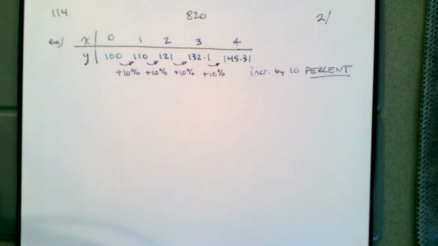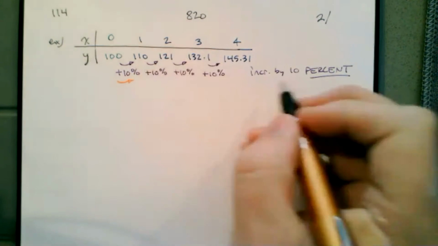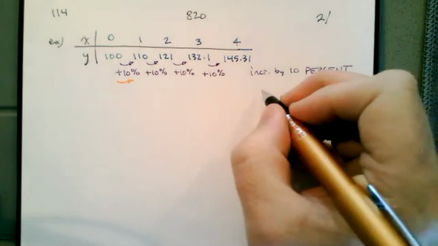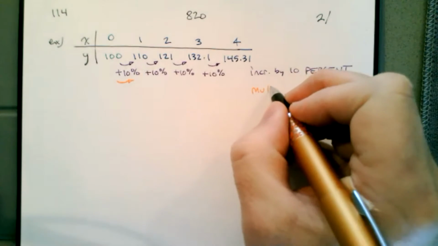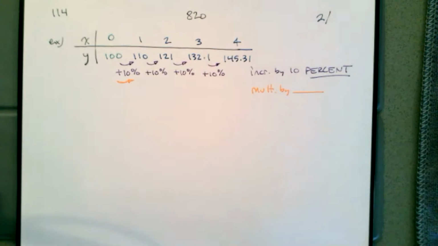And I've made the claim that we're multiplying by something. So that raises the question: if increasing by a percent is some multiplication, I should be able to figure out what we're multiplying by.